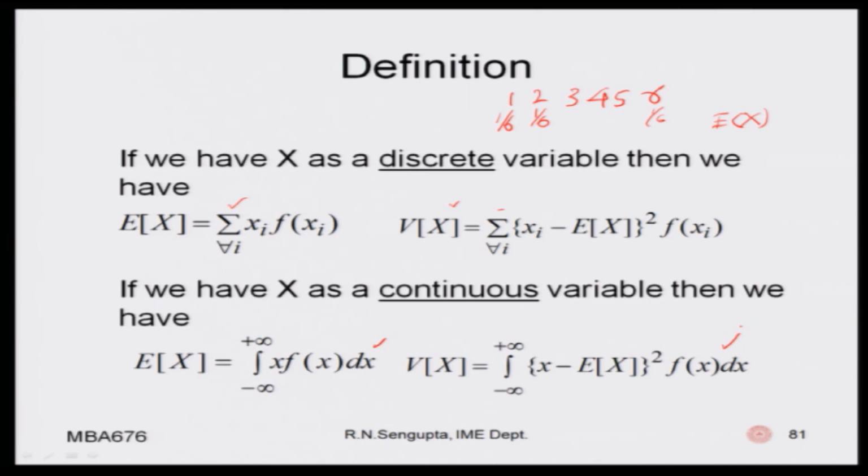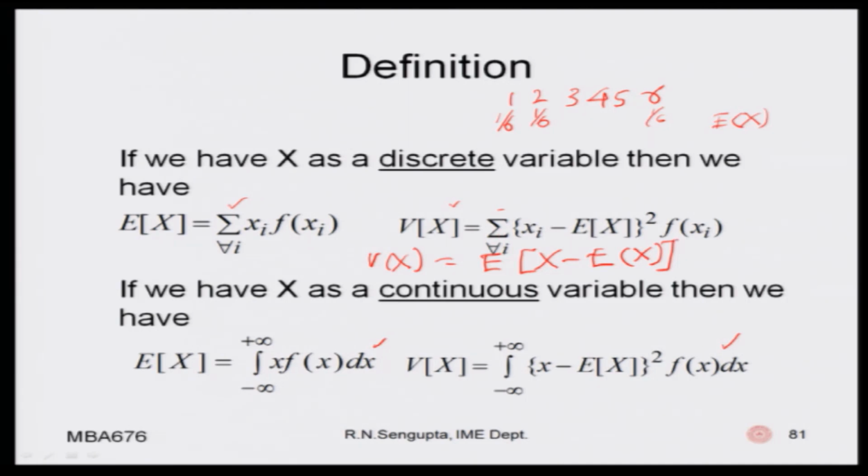Just a note before we proceed: given this expected value and the variance, there is a very simplified formula which we will see later on, which would be this. Say for example the variance is equal to the expected value of (x minus E of x) whole square. Here E and the summation which you are using are the same thing.